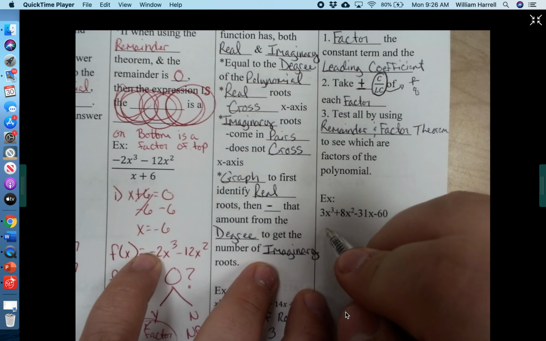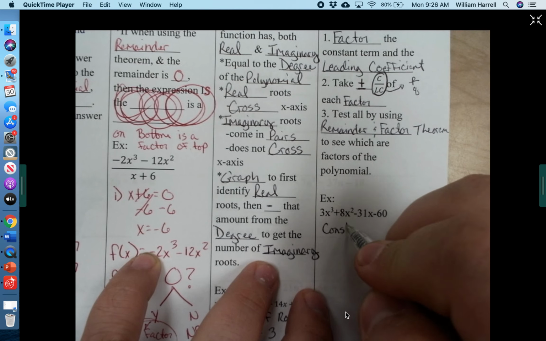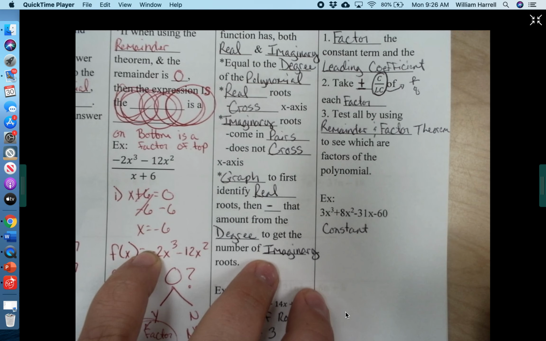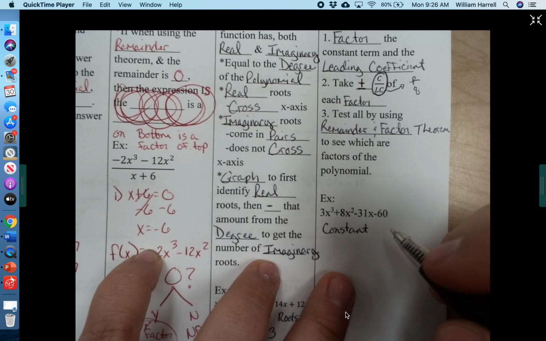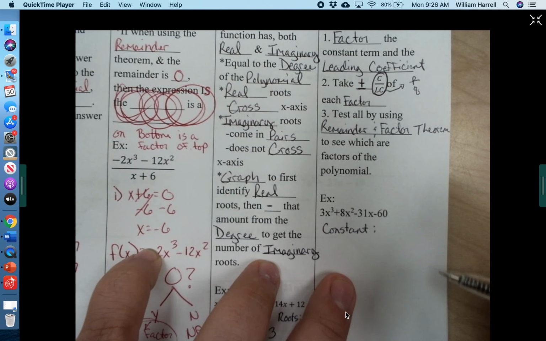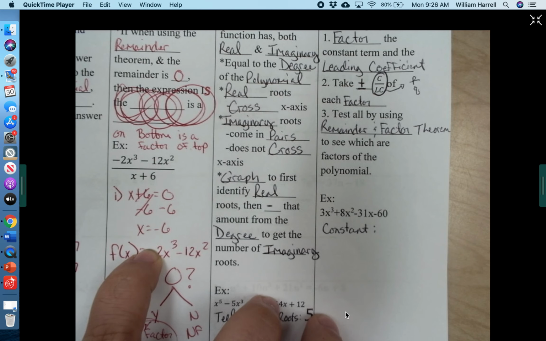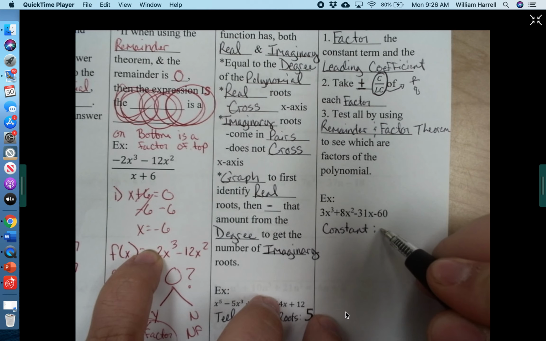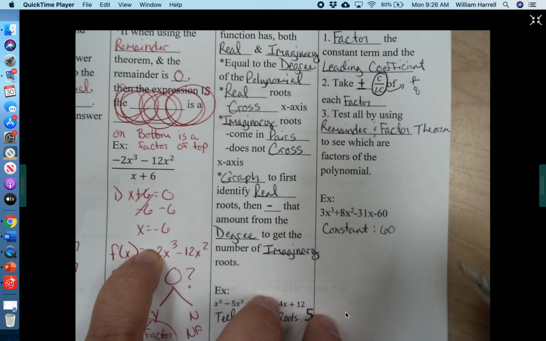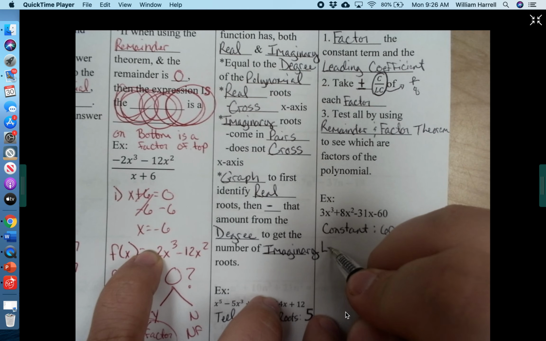So, if you can't identify what your constant term is, you're not even going to be able to get started. So your constant term, again, is the number that doesn't have a variable beside it. All right, so this time it happens to be 60.